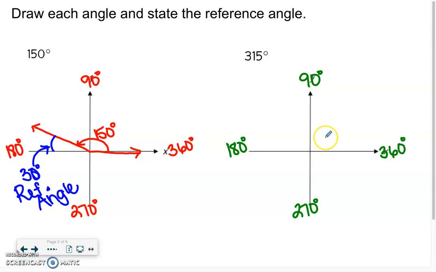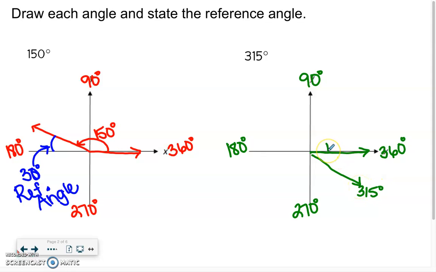This unit really builds upon itself, so you have to really master one skill before moving on to the next one. Okay, it's super important. 315 degrees. I know I need to go around the circle, definitely past 270, but stop before I get to 360. Remember, this is your starting point. 315 would be right about here.